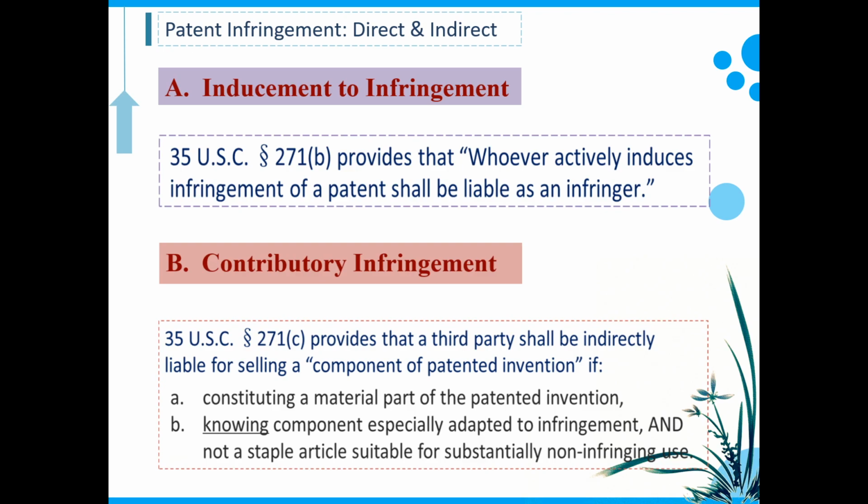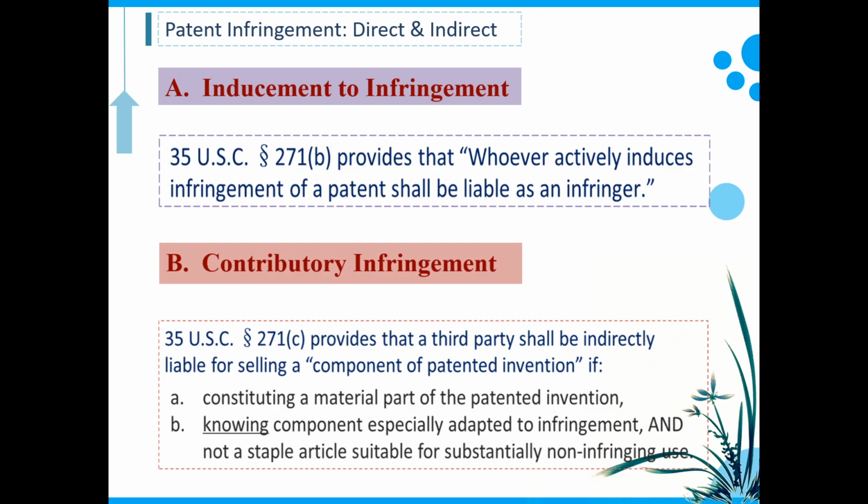Number 2, knowledge requirements. The third party knew or should have known the components made available to the direct infringer would be used for making infringing products.